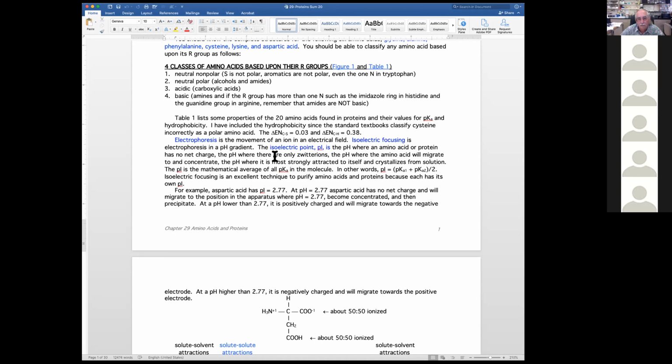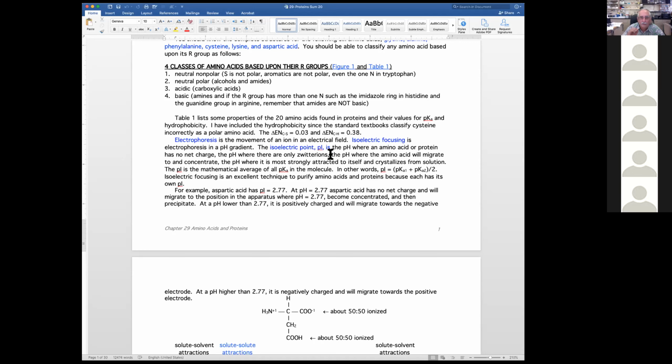The isoelectric point, which is designated as PI, is a pH where an amino acid or a protein has no net charge. And at that pH, there will only be zwitterions, and there will not be a net charge.